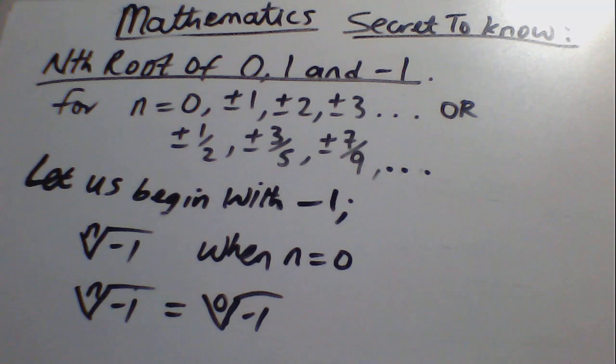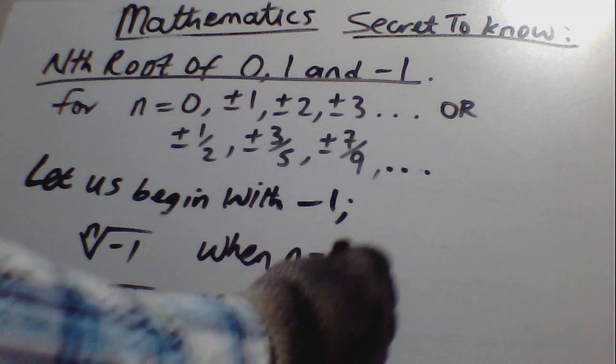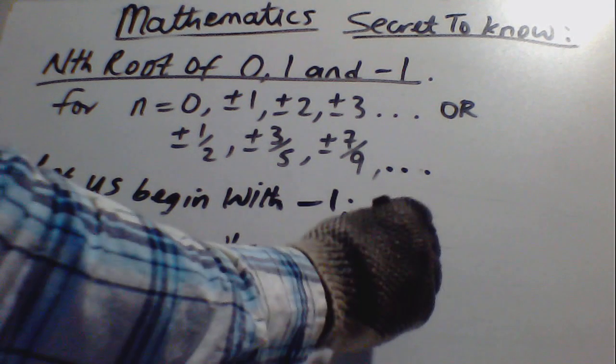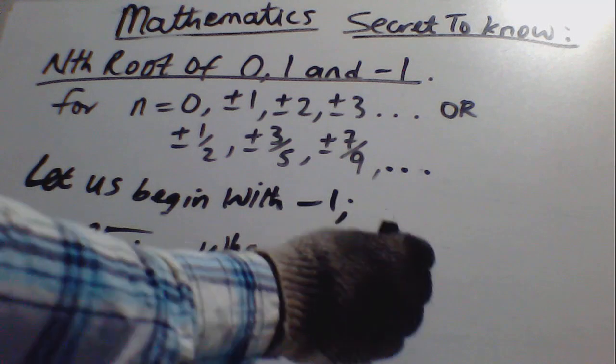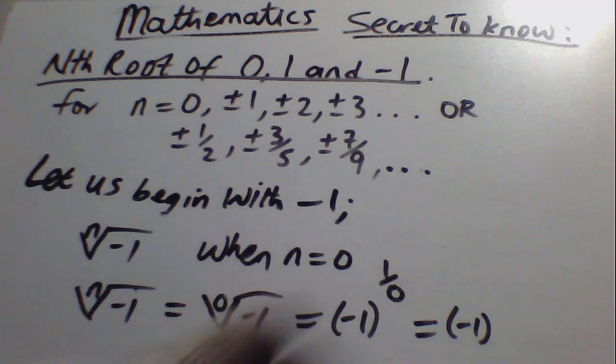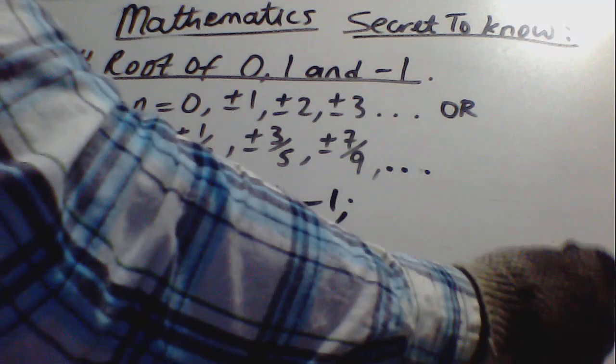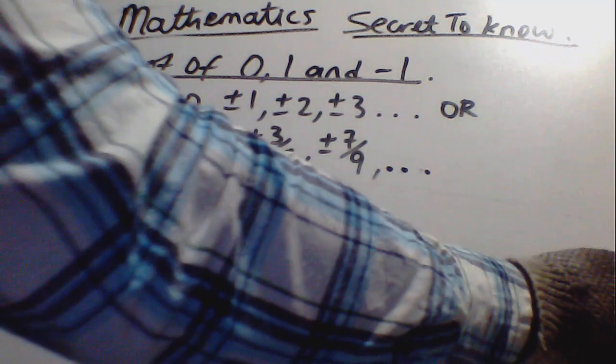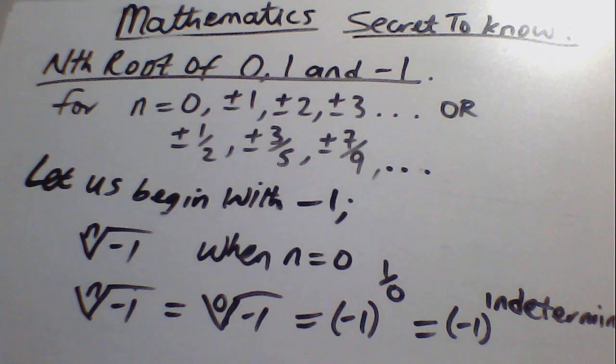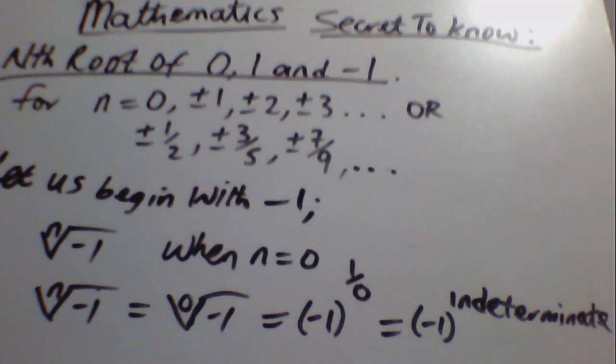If you write it in the radical form, you can write it in the exponent form for clarity. So you see that this will give us minus 1 to the power of 1 divided by 0, which is indeterminate. You have what? An indeterminate value.